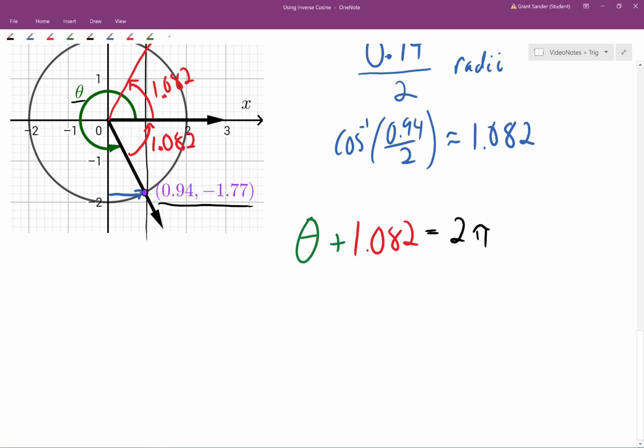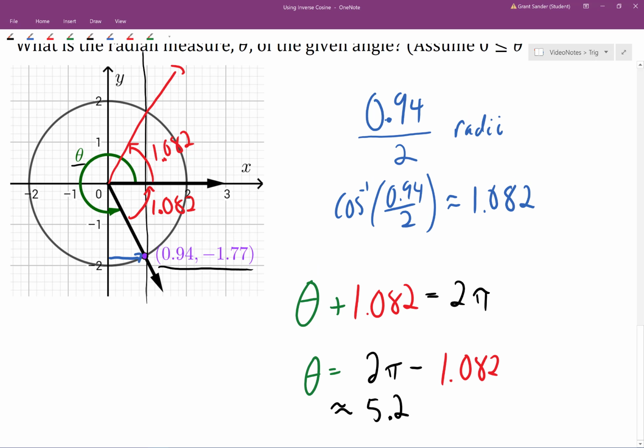Therefore, theta would be equal to 2 pi minus 1.082, which has a value of approximately 5.2. If we look back at our diagram, a radian angle measure of about 5.2 seems to match up with this scenario.